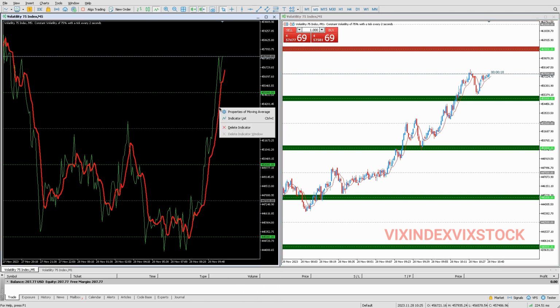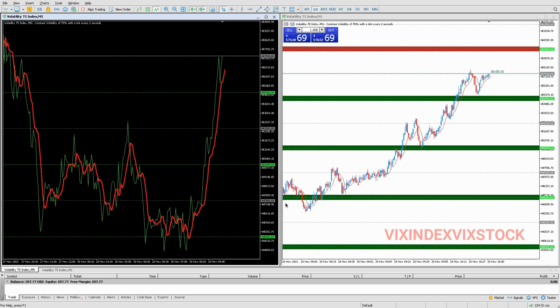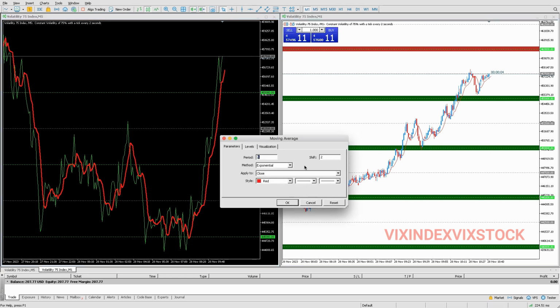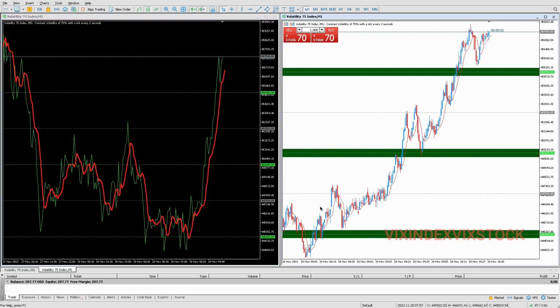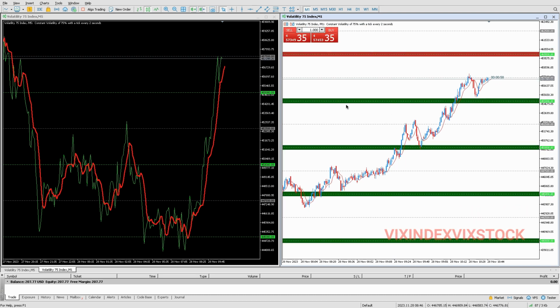Let me just show you properties. Moving average, it's 5 and shift is 2. It's also the same indicator that I have on this window as well. That's the only thing that I've added that you need to add manually.